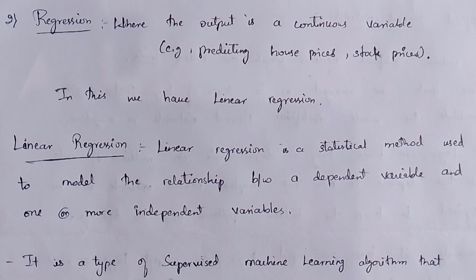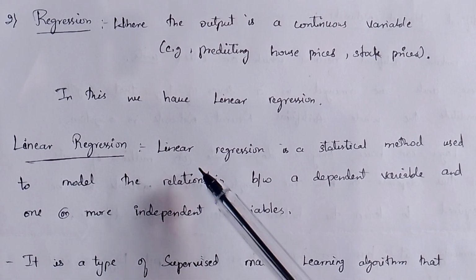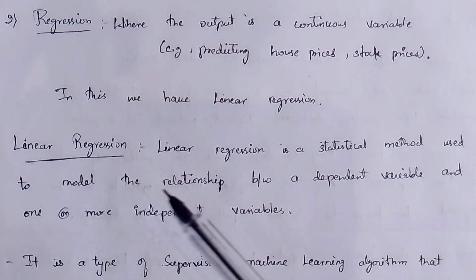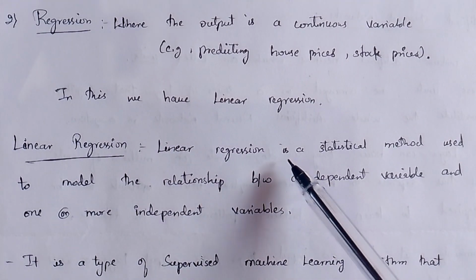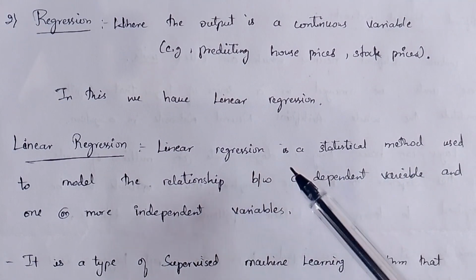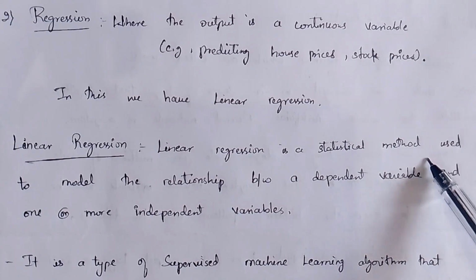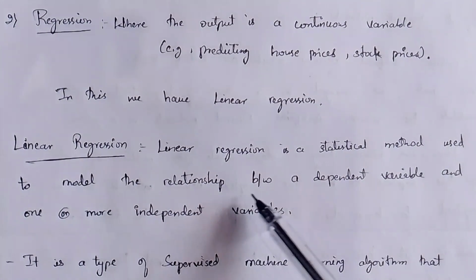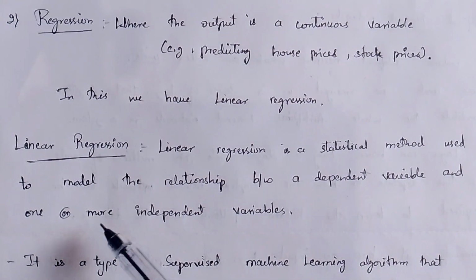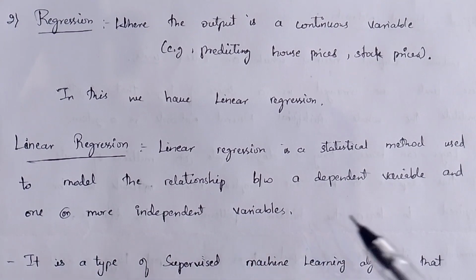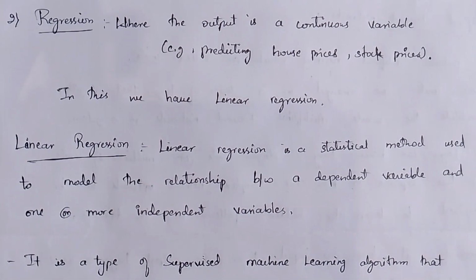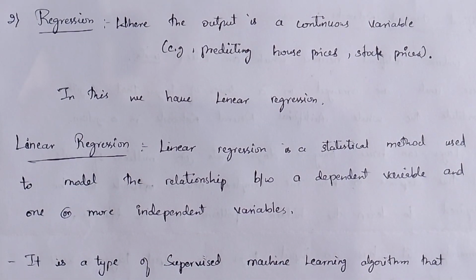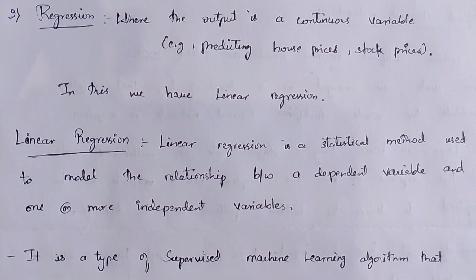Linear regression uses a statistical method to model the relationship between the dependent variable and one or more independent variables. As we know what dependent and independent variables are, linear regression also does the same. It finds a relationship between the dependent and independent variables.